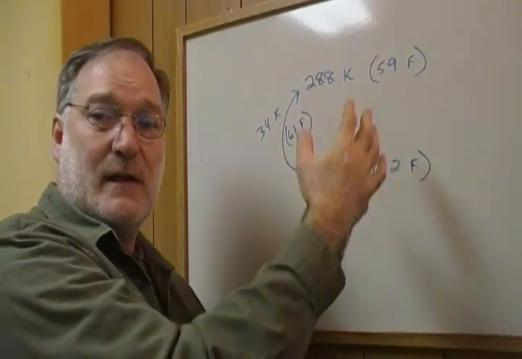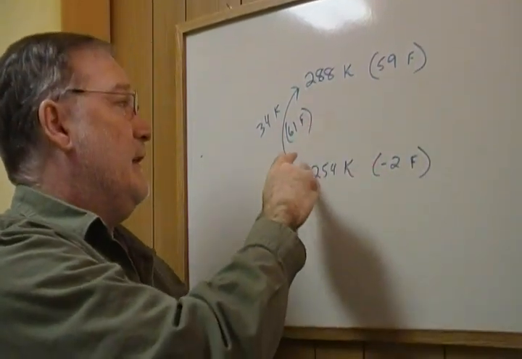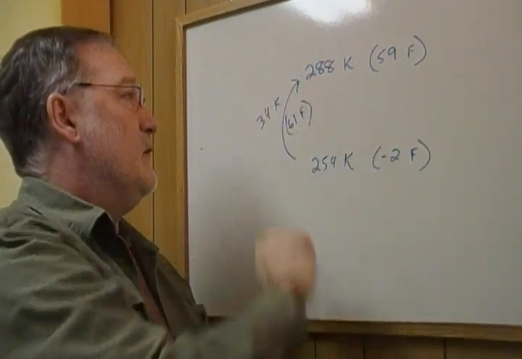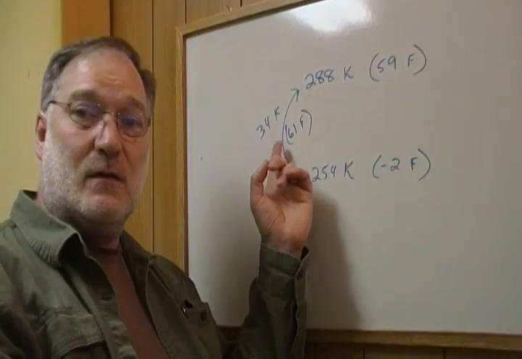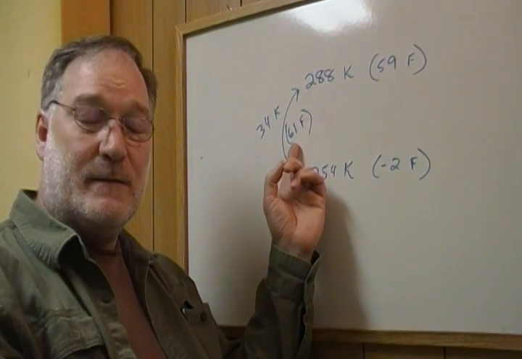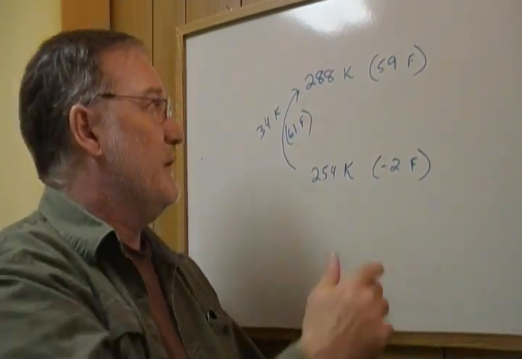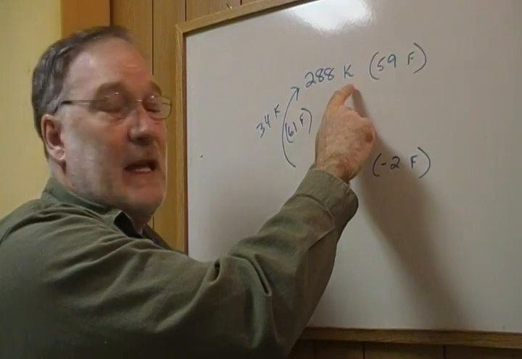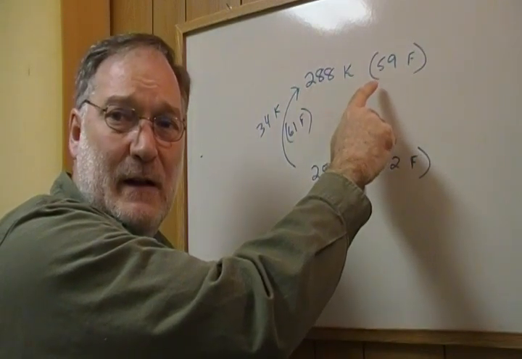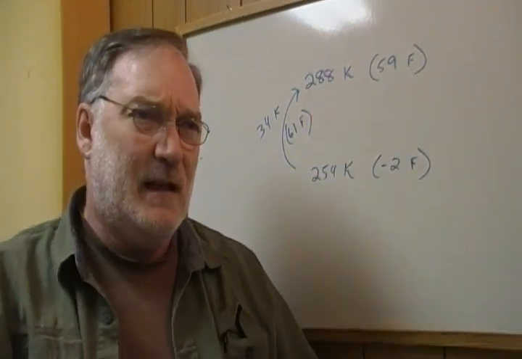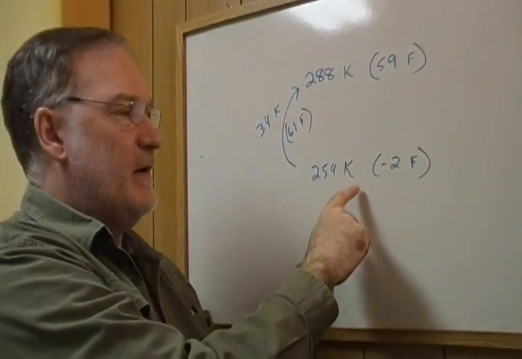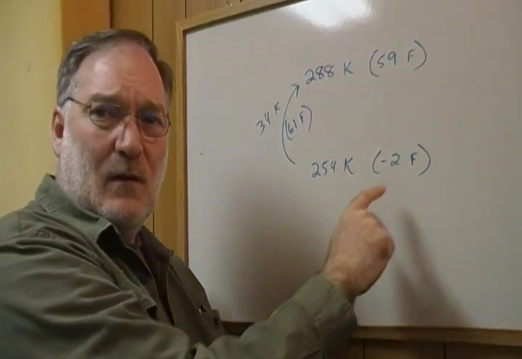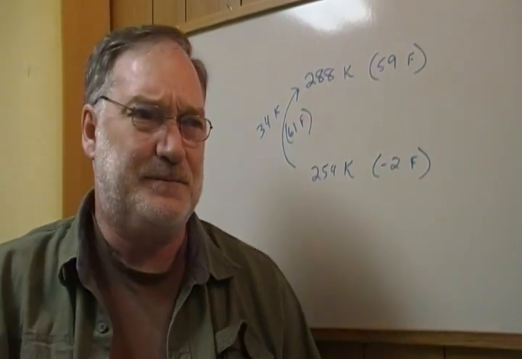Greenhouse gases intercept some of that heat, and it's said that greenhouse gases warm the atmosphere 34 Kelvin degrees or 61 Fahrenheit degrees. Now, the average surface temperature of the Earth is 288 Kelvin or 59 degrees Fahrenheit. And so without greenhouse gases, our temperature would be 254 Kelvin or -2 Fahrenheit.